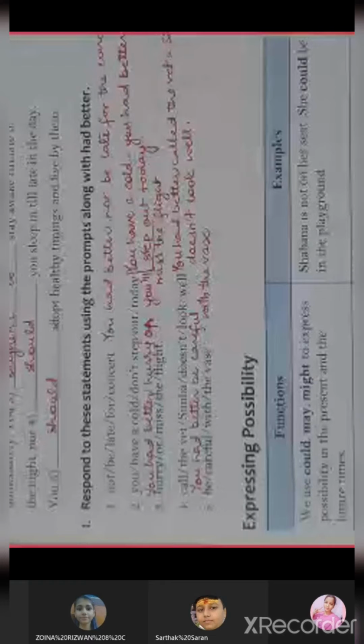First one, the doctor says that you ought to drink. I have not written to, please write there to. Ought to drink at least 12 glasses of water every day. He also says that you shouldn't drink aerated drinks or eat junk food.